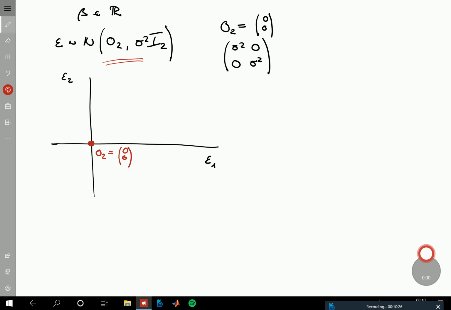What do we get? What happens if I now take a sample? We are drawing something two-dimensional here anyway, because the space that we have here is obviously R2, right?